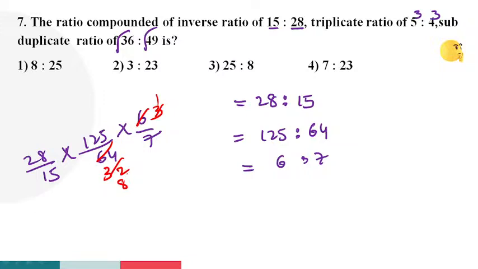Next, any cancellation? 2 fours are 8, and 2 sevens are 7, cancel. So 5 threes are, 5 twos are 10, and 5 fives are 25. Any more cancellation? No cancellation, guys here.